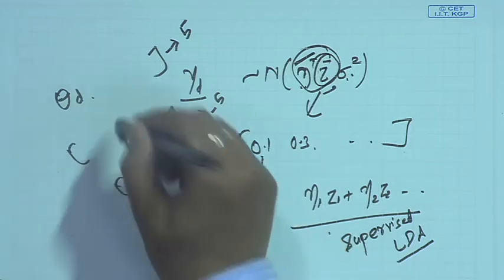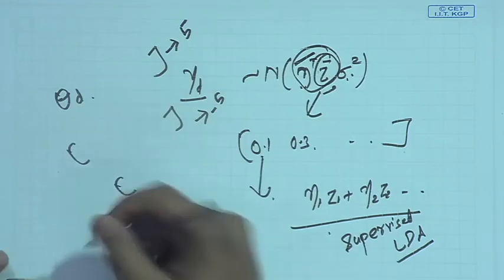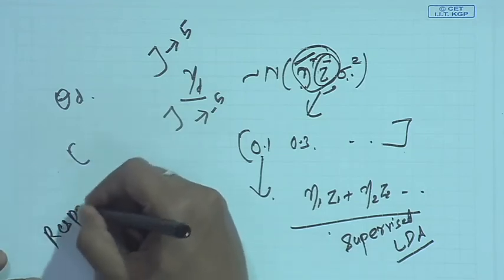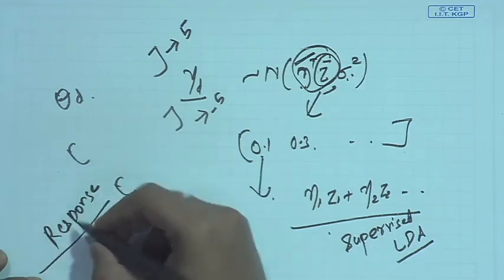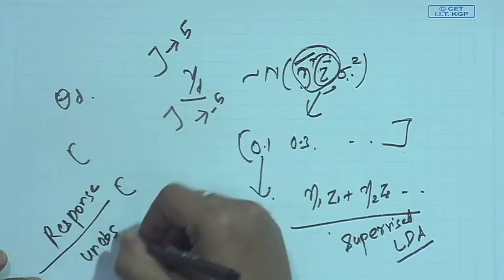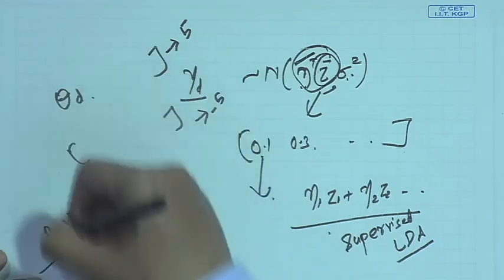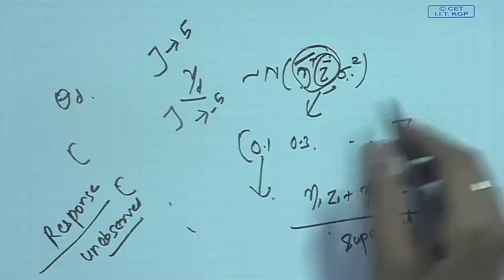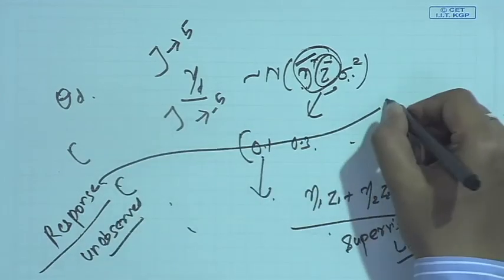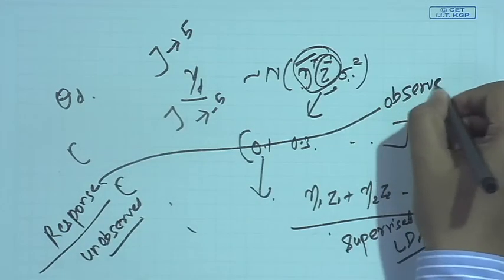In this case you are not using the response as an observed variable, it remains unobserved, whereas here the response is also observed.